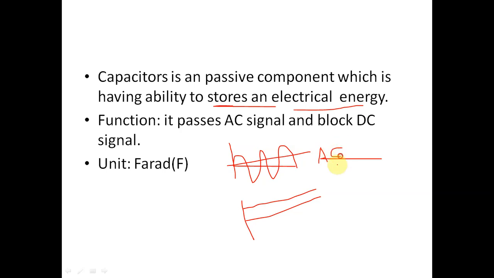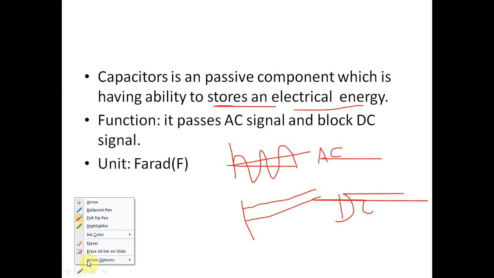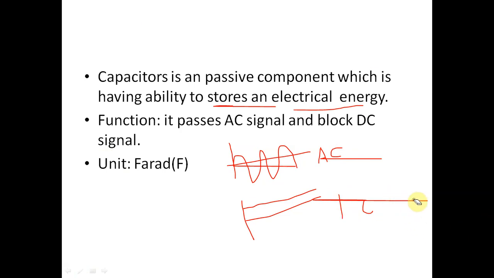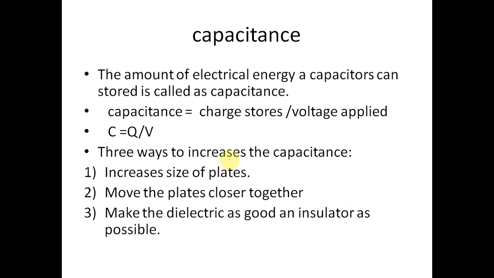AC is alternating signal, and DC is direct signal. This is the DC signal. The unit of capacitance is the farad.